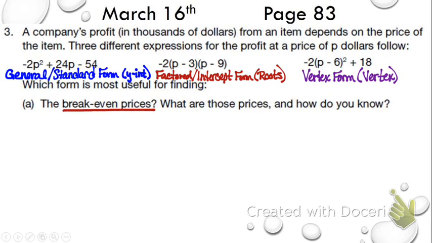Then I go to the craft fair. The first couple items I sell, have I made money? No, I've just been earning back what I spent on my supplies, right? Break even is when I finally paid off all my supplies. Everything after that is profit. That's money that I've actually made.